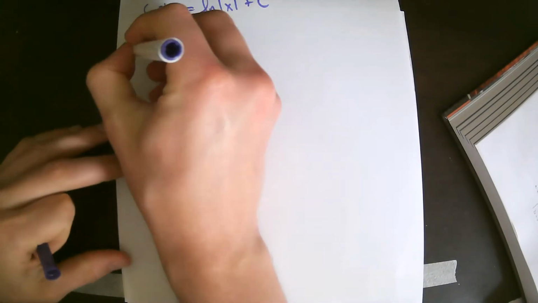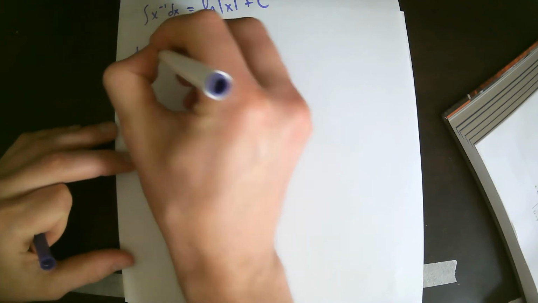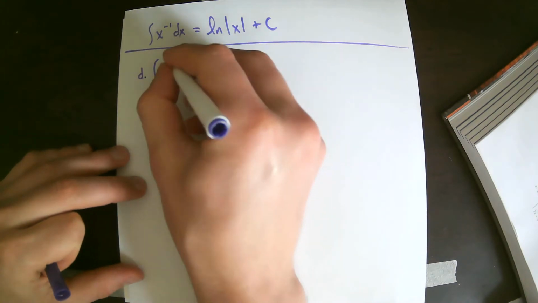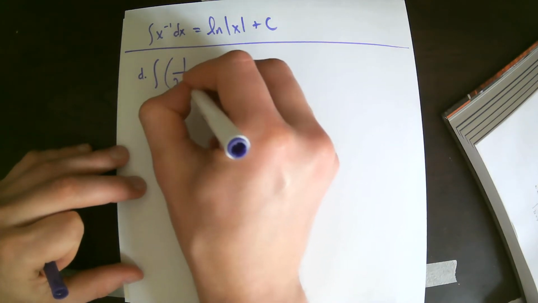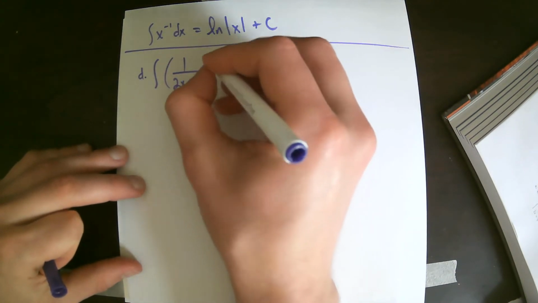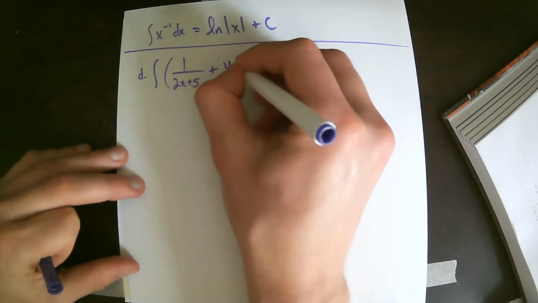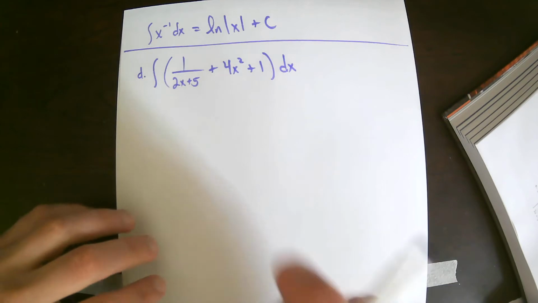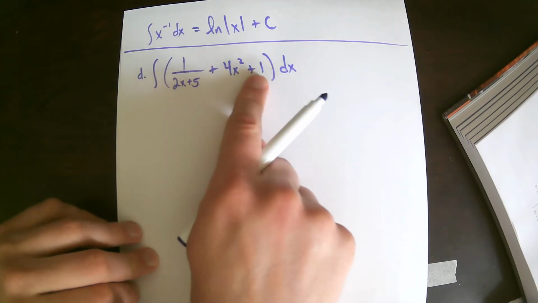Let's do part D now, which is a sum of 1 over 2x plus 5 plus 4x squared plus 1 dx. Well, thing is we don't need the substitution rule for these two.